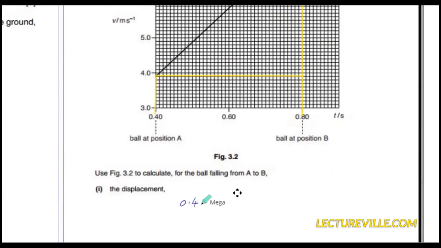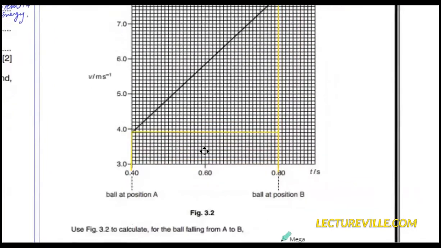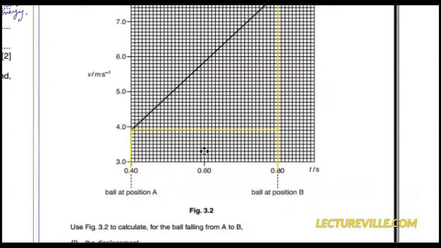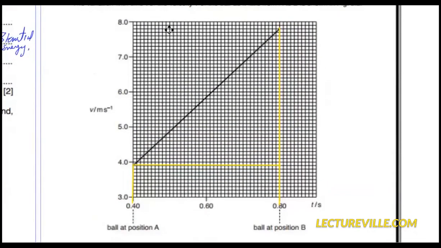So it will become 0.4 multiplied by 3.9, plus 1/2 times 0.4 times, again, the height.